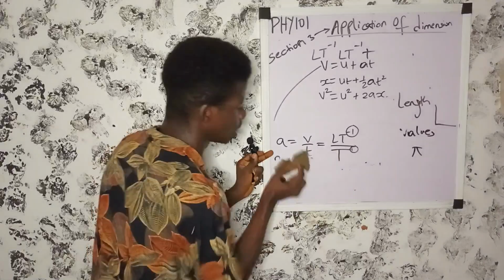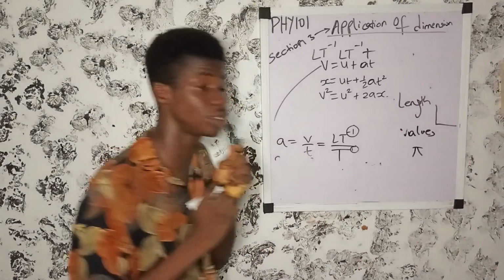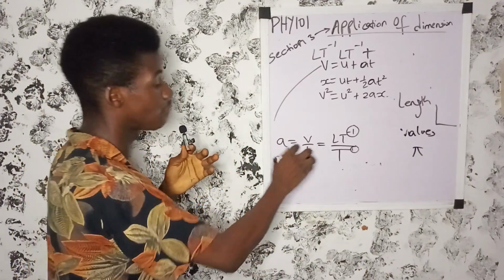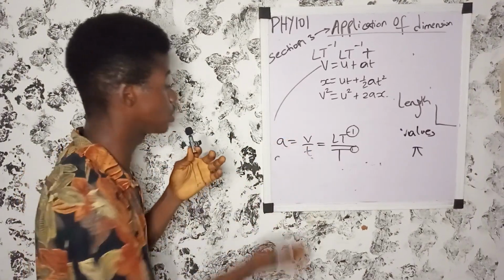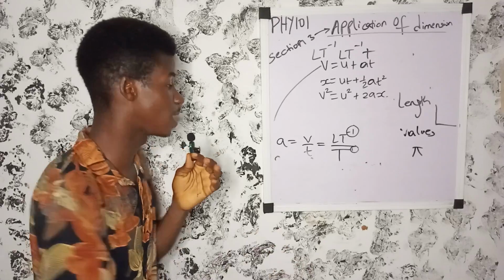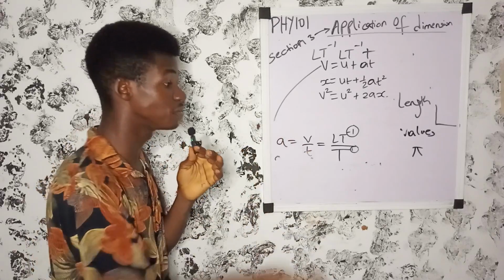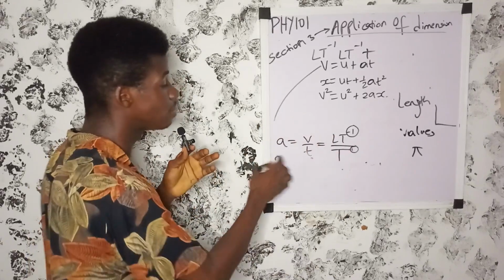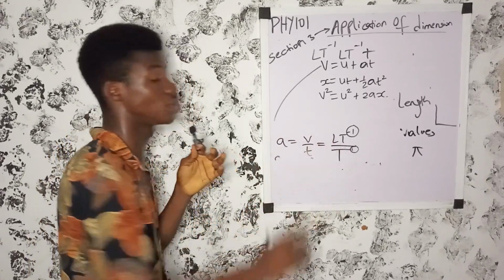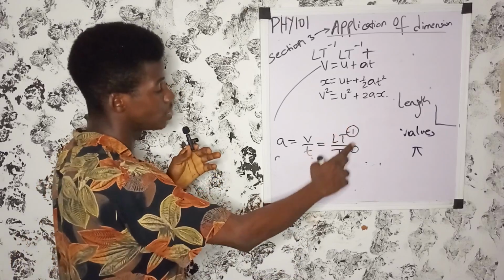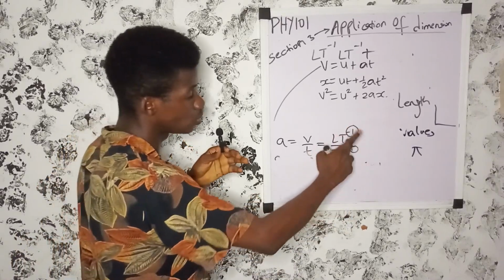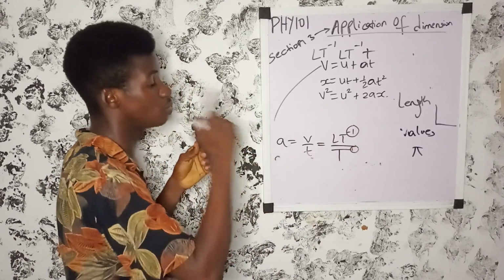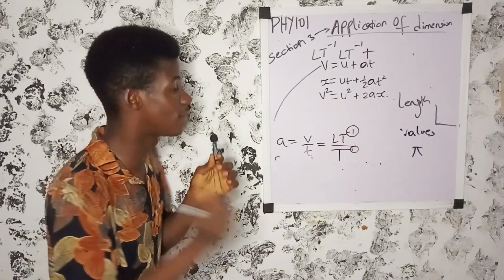so in summary, I told you guys that in order for you to look for a dimension of a particular quantity, you need to know the formula of the quantity. For example, acceleration. Acceleration is what? Velocity over time. And what is the dimension for velocity? L t raised to power minus 1. Then what about the dimension for time? Capital letter T. According to indices, based on the fact that these two bases are the same, we take out one of the bases, then we subtract their powers.